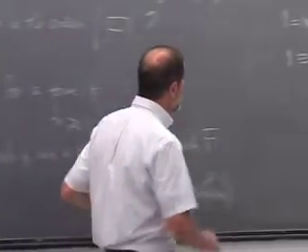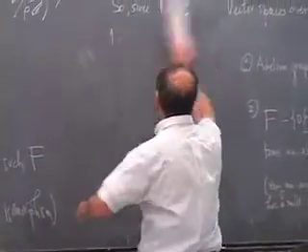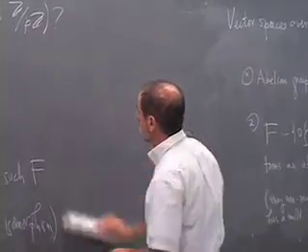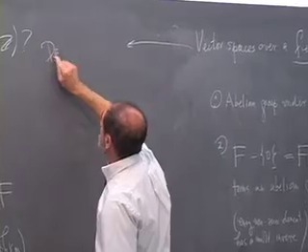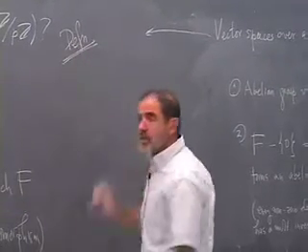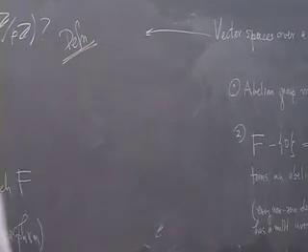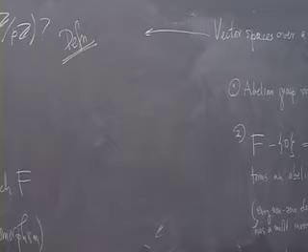Now, having defined what a field is, I can tell you what a vector space is over a field. And that's going to be the setting for the linear algebra we're going to pursue in the next couple of lectures.